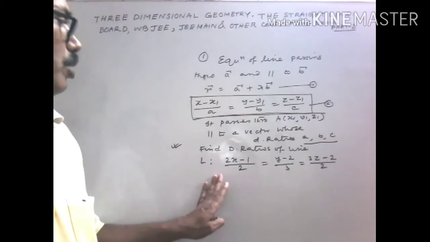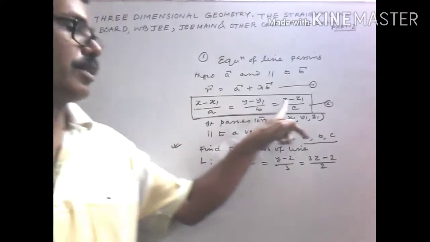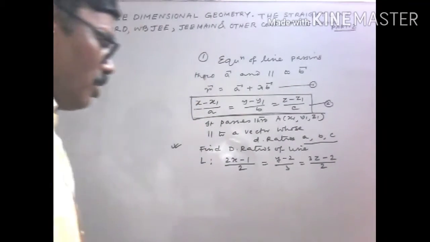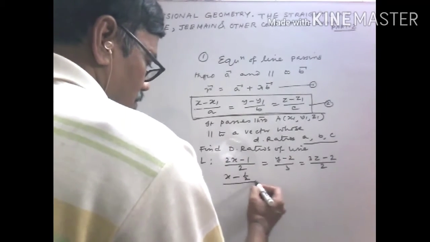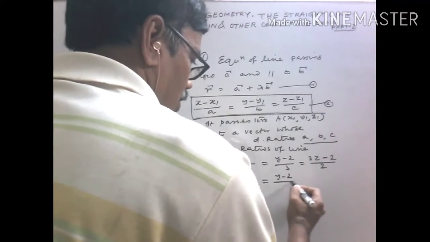So look, our standard form, coefficient of x is 1, y is 1, z is 1. So it is not in standard form. So standard form is (x minus half) by 1, taking 2 common. So this one is in standard form.